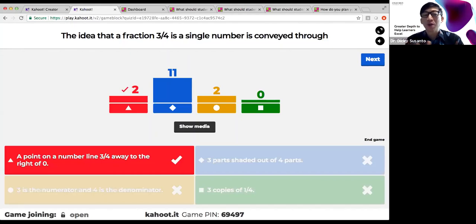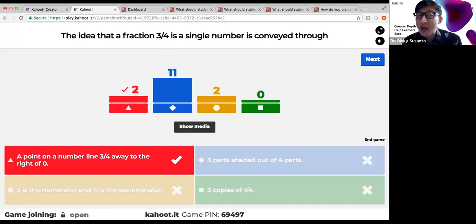Okay. So although 3 is the numerator and 4 is the denominator, that kind of understanding only makes students think that those are two different numbers put together. So what is important for us as teachers is we want to make sure that our students see fractions as numbers, not 2 different numbers, but as single numbers.